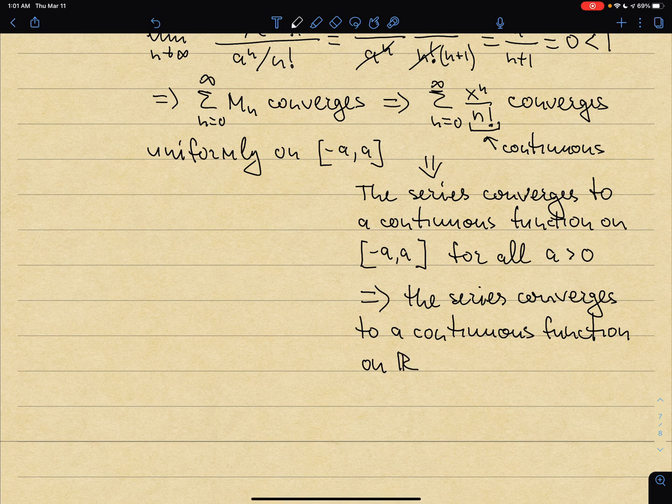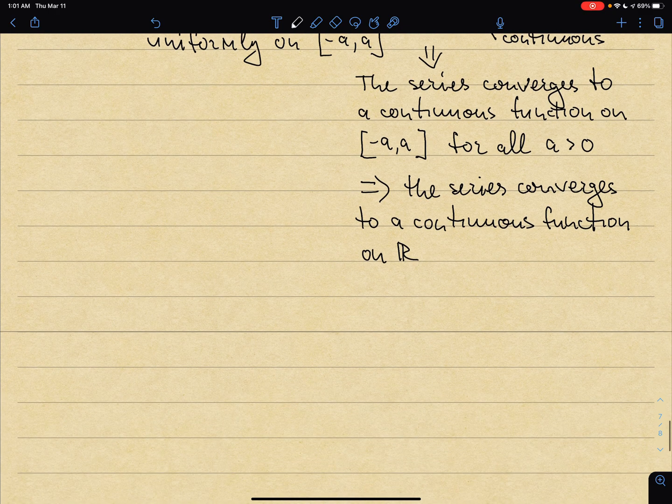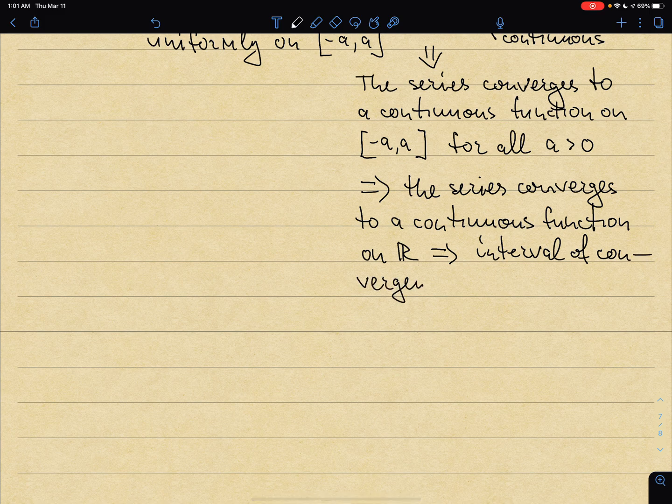Right, so if a series converges to a continuous function everywhere, that means that the interval of convergence is R, and the radius of convergence is infinity.